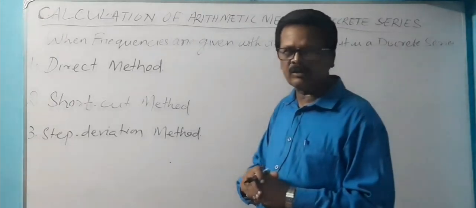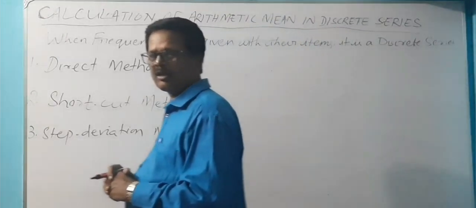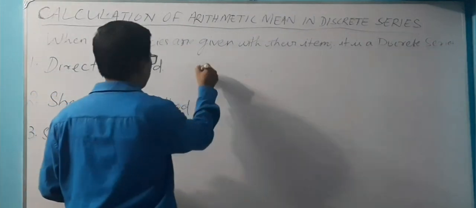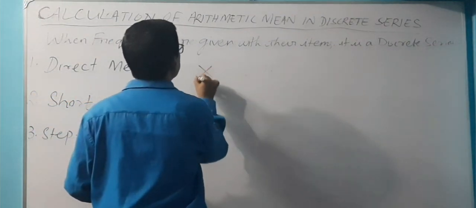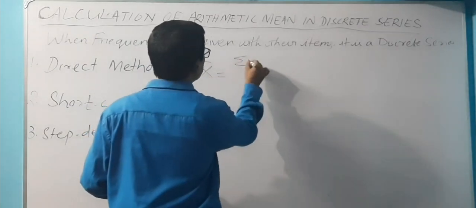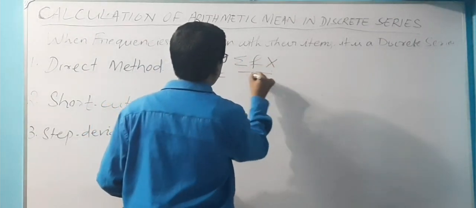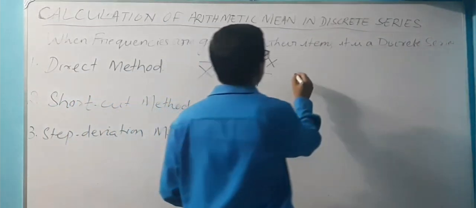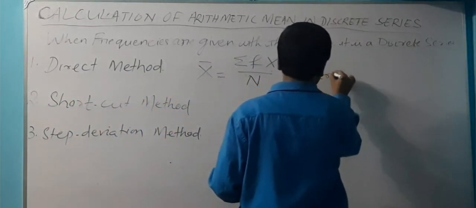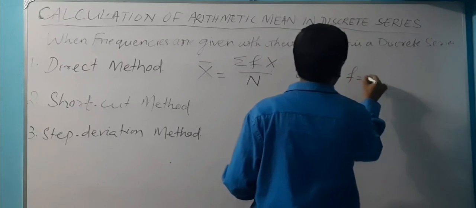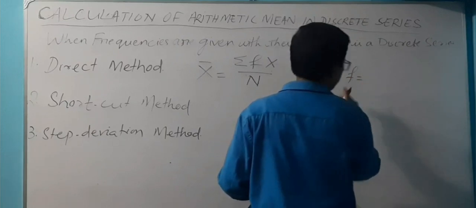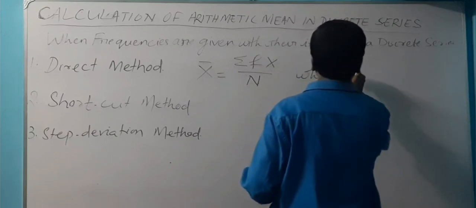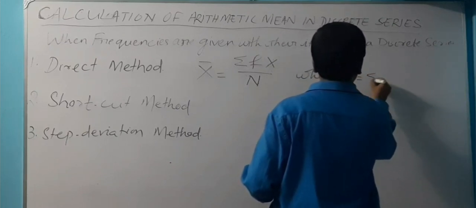In direct method, to calculate arithmetic mean of discrete series, we have to put the formula x bar is equal to summation fx by n, where n is equal to summation f.